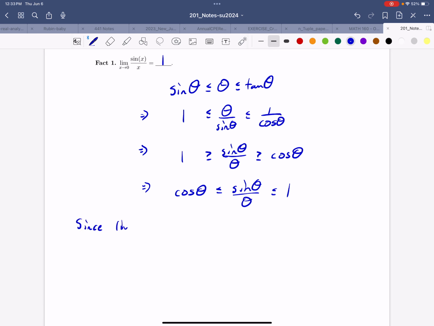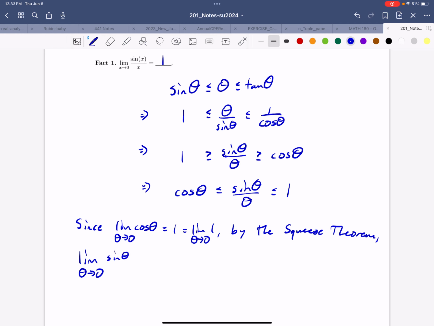All right, anyway, since the limit as theta approaches 0 of cosine of theta equals 1, because we just showed that cosine of 0 equals 1, and it equals the limit as theta approaches 0 of 1, by the squeeze theorem, the limit as theta approaches 0 of sine of theta over theta equals 1.